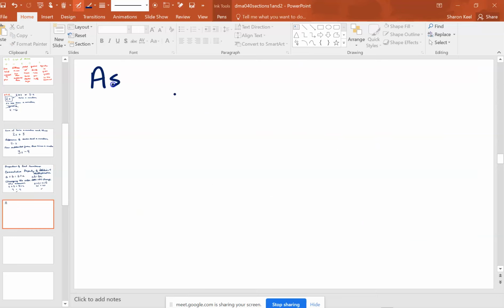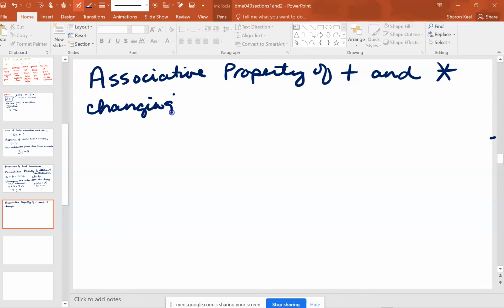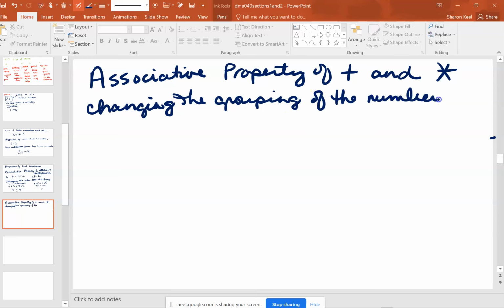The next property is the associative property of addition and multiplication. For the associative property, it means changing the grouping of the numbers does not change the answer.